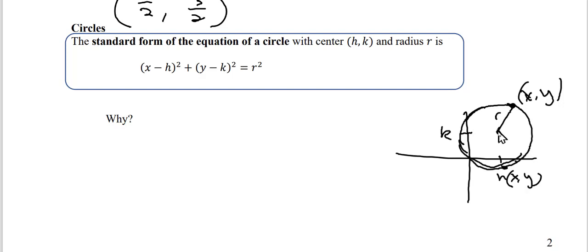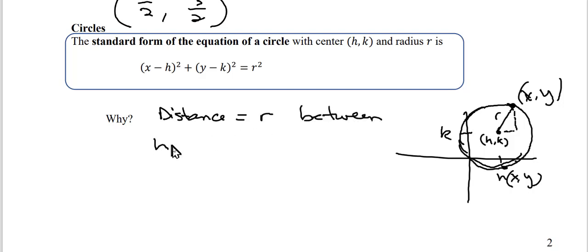What we know using that distance formula is that if this is h, k, every point on the circle is going to have distance equal to r between h, k and whatever point x, y, right? x, y is general to describe any point on the circle.